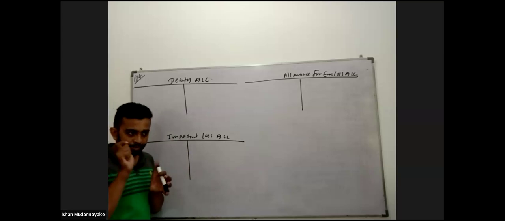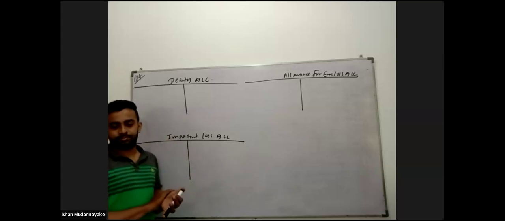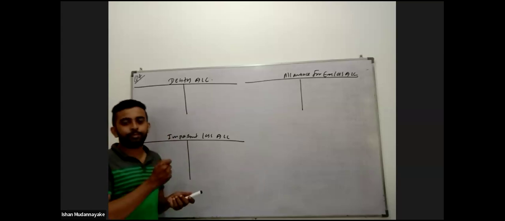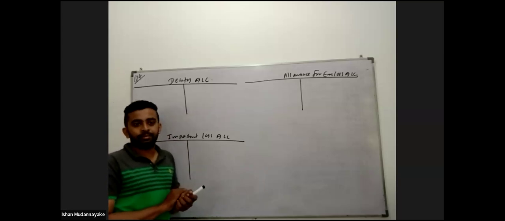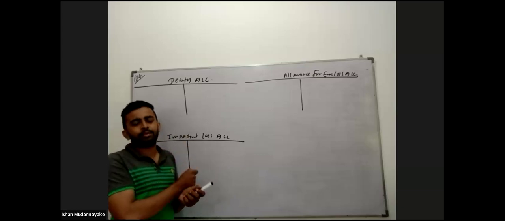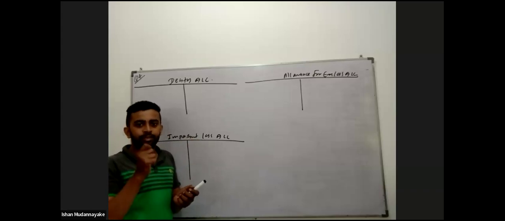My advice is, if you know something, don't waste time on that. It is useless. You need to save time in your A-level exam. Every minute is important in the A-level examination.